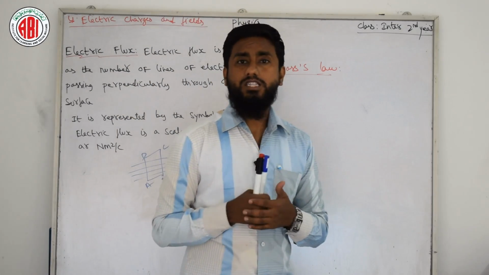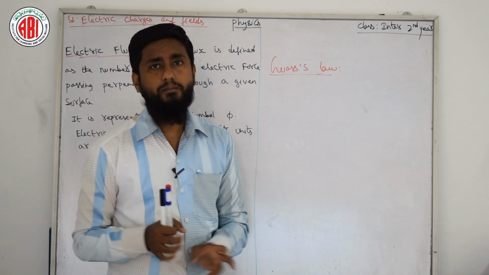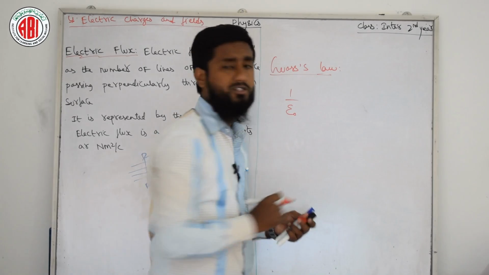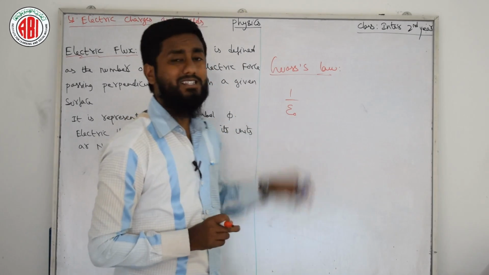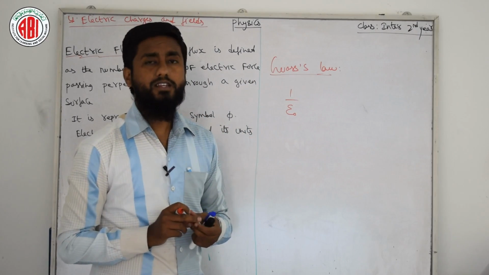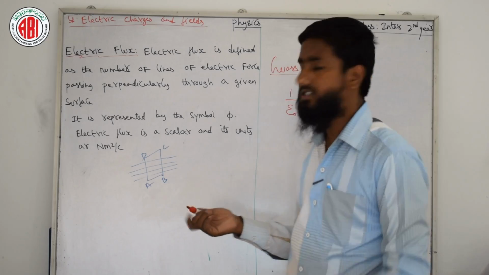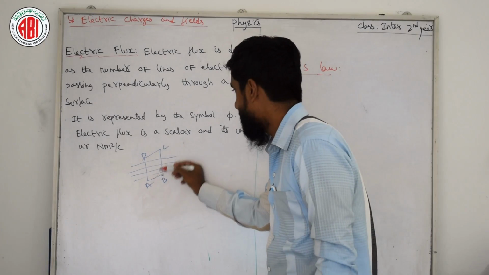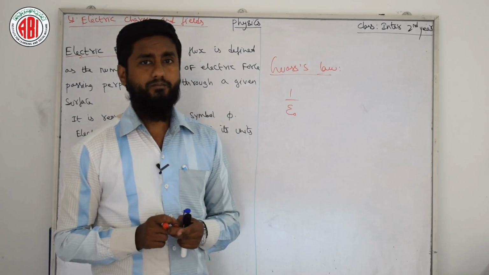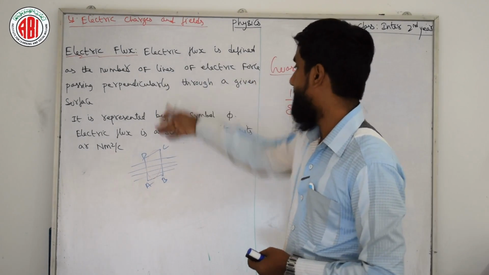According to Gauss law, the total electric flux through any closed surface is equal to 1 by epsilon naught times the net charge enclosed by that surface. That means the electric flux through any closed surface is what we defined just now.